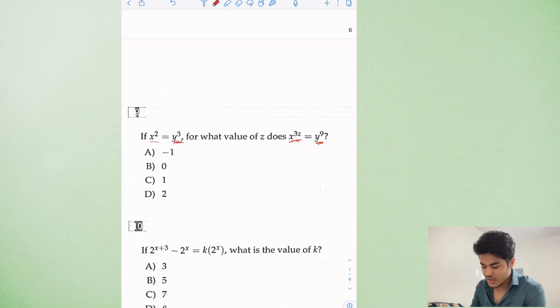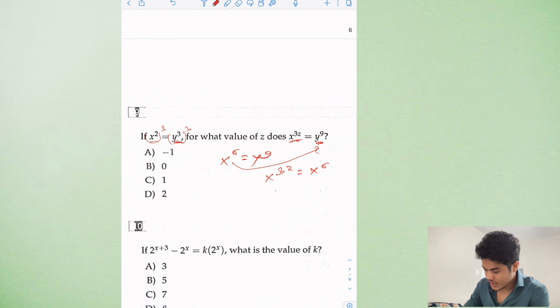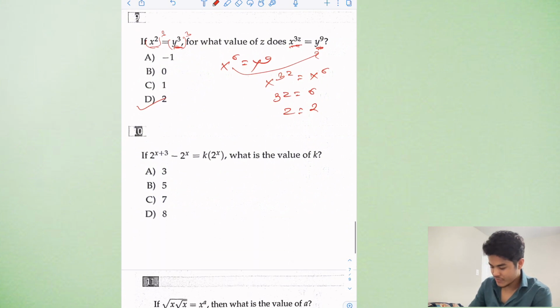So if we cube both sides here, then we can get this y raised to 9 too. So let's do it: x raised to 6 equals y raised to 9. So we have found that x raised to 6 is equal to y raised to 9. So we can substitute this value right here: x raised to 3j equals x raised to 6, so 3j equals 6, and j equals 2. And our final answer is D.